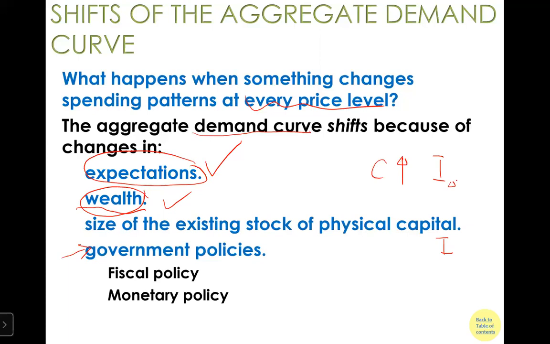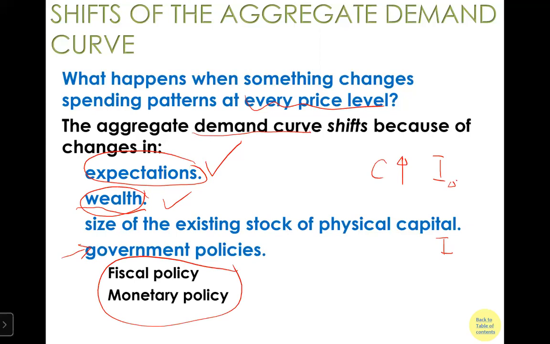All right. So the last one is government policy, including fiscal policy and monetary policy, right? Let's just look at fiscal policy. You do not know what fiscal policy is yet. I haven't explained to you what fiscal policy is yet. Let me just give you an example.